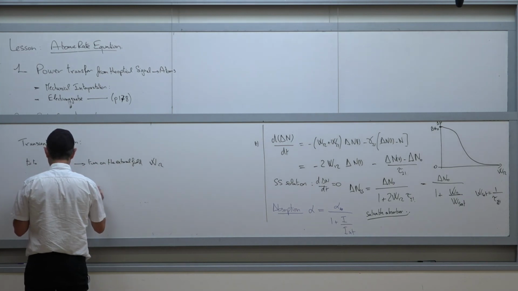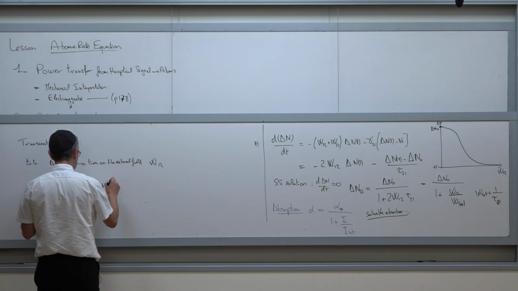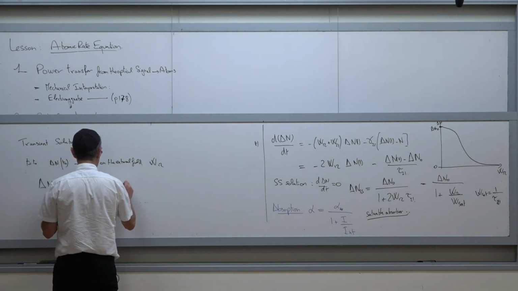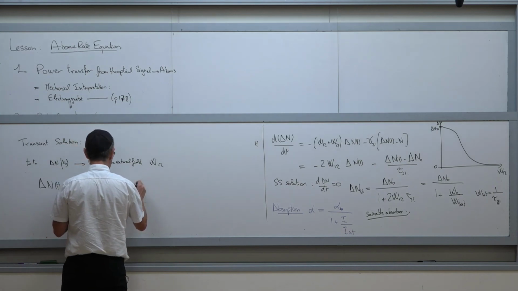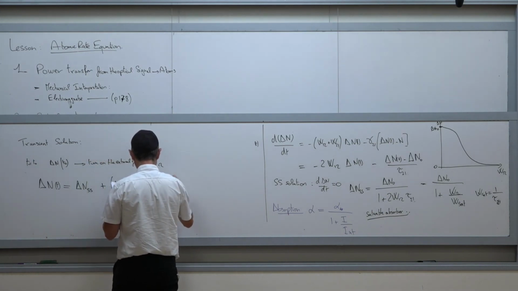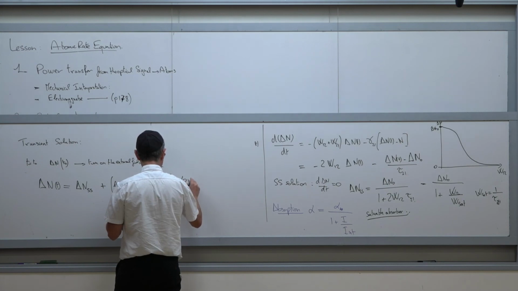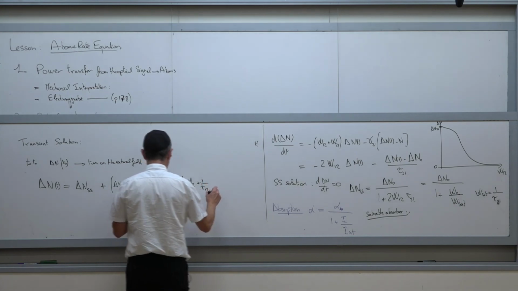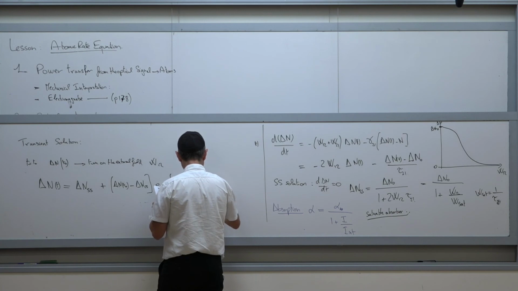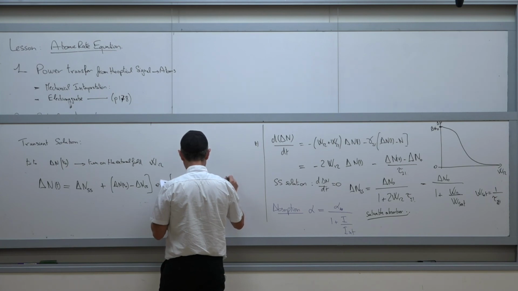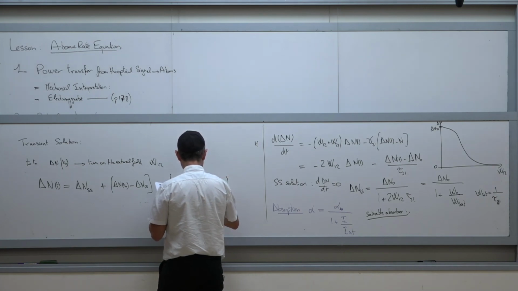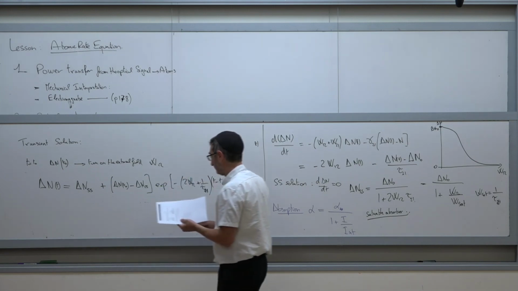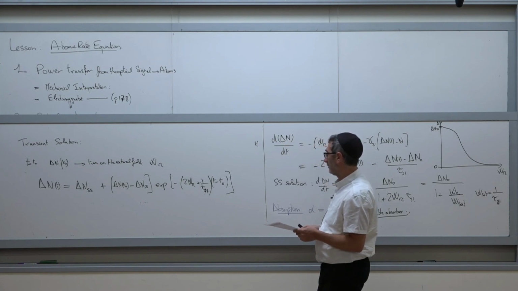So it's delta n steady state plus delta n at t0 minus delta n steady state, times the exponential of minus (2 W12 plus 1 over tau 1 2) times (t minus t0). So that's the full expression.